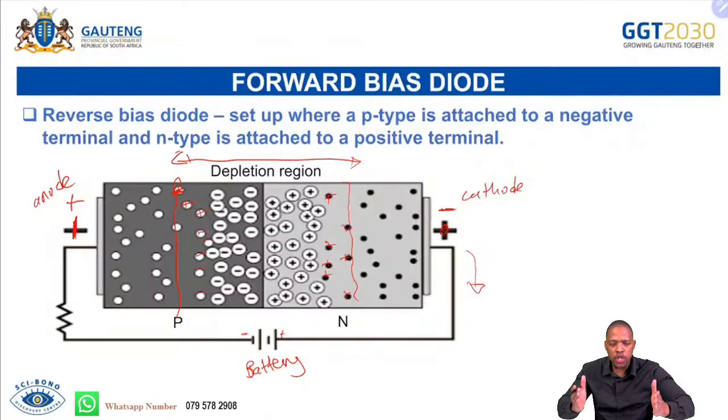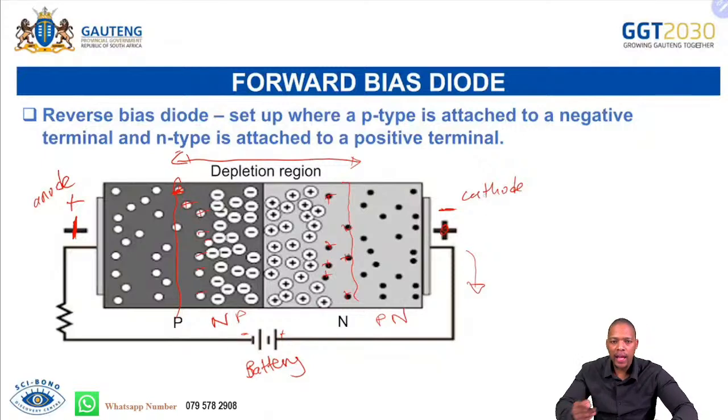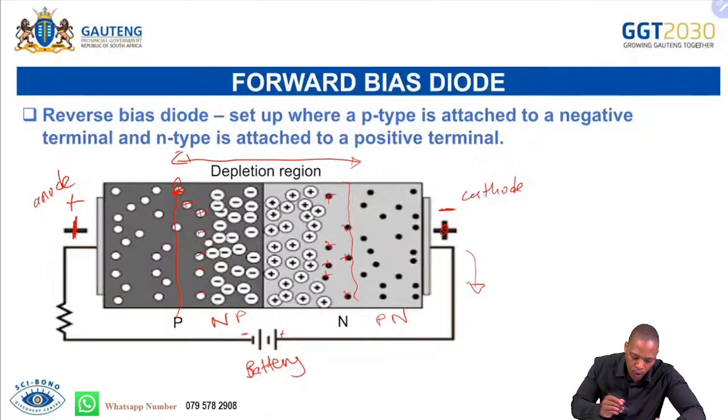The depletion region will continue increasing in this diode if we connect it such that the negative terminal is connected to the N-type and the positive terminal is connected to the P-type. So NP, PN, that is not going to work. This diode is not going to be able to conduct electricity.